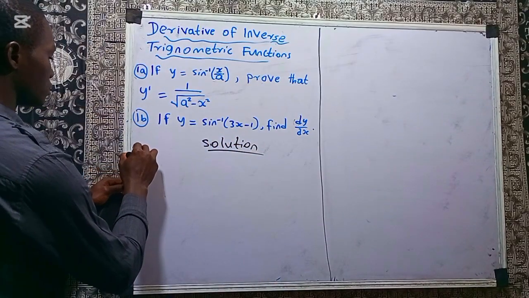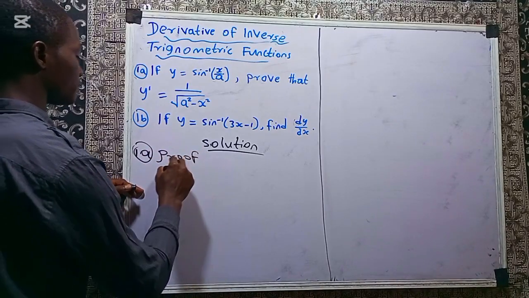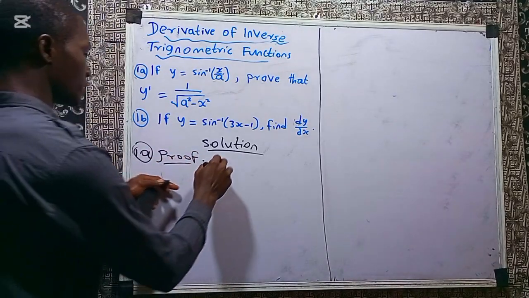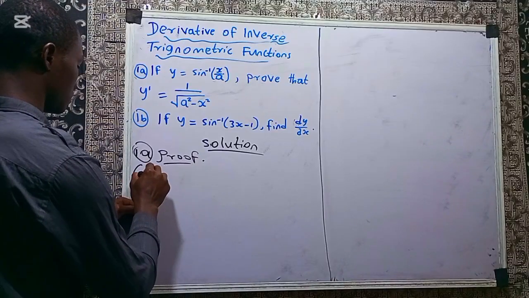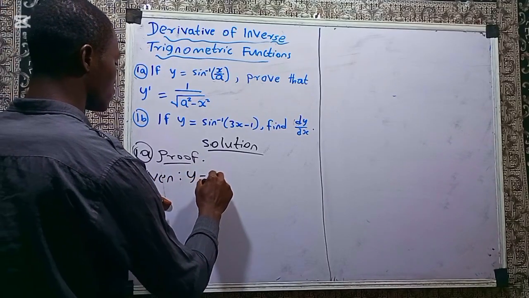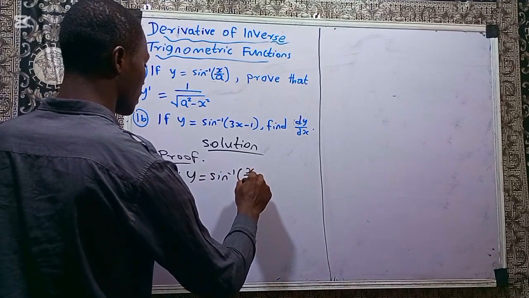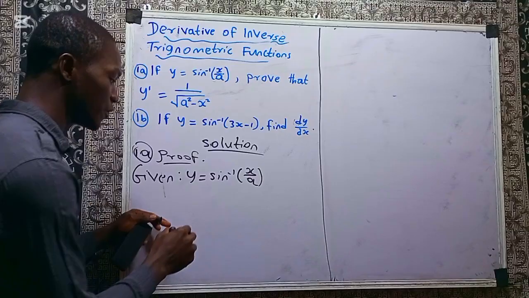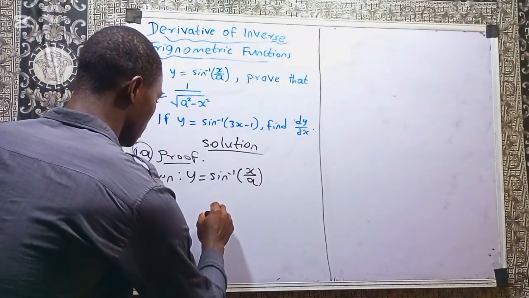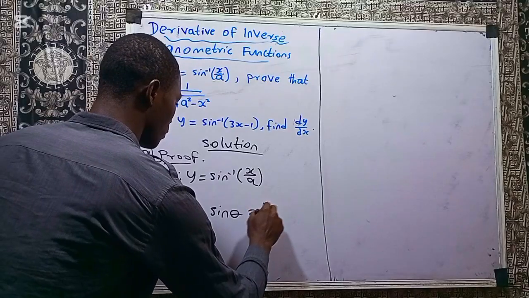Solution. So for 1a, we are proving it. So given y is equal to sine inverse of x over a. Now if you have something like this, sine theta is equal to 1 over 2.